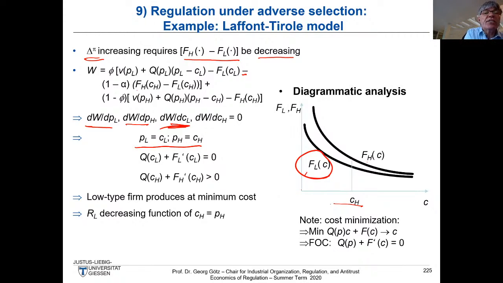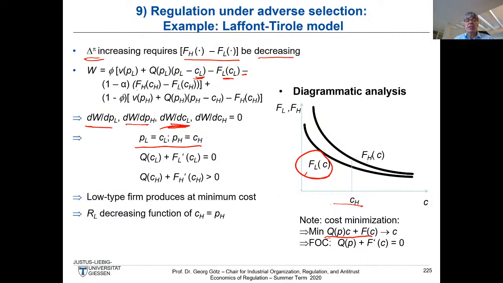And you see CL only shows up here and here. Okay, it shows up only in the profit of the low type, and if you maximize with respect to that, you'll see it's just maximizing minus Q of PL times CL minus FL(CL). And this is nothing else than what you have here.